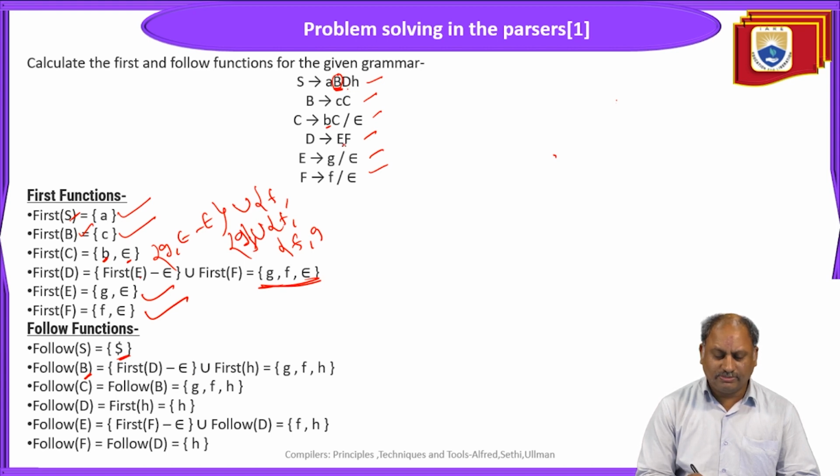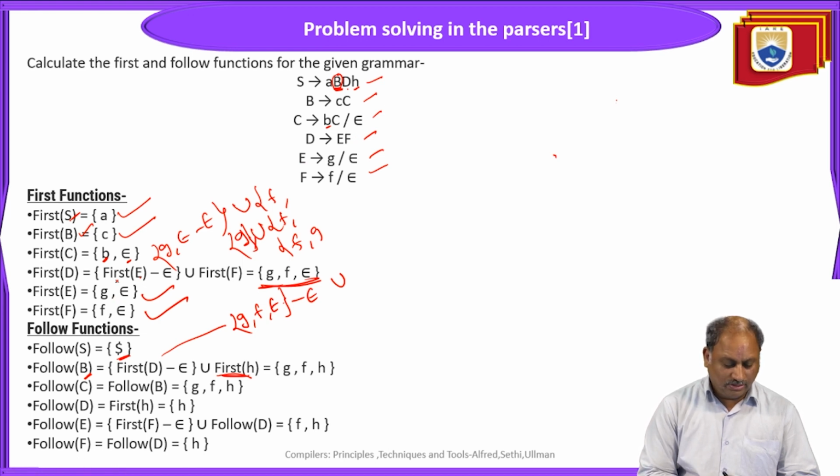If D contains epsilon, no. If D does not belong to epsilon, then exclude epsilon, followed by first of H. First of D is already calculated, that is g comma f comma epsilon, minus epsilon, union first of H. First of H was calculated previously; in this case, small h.